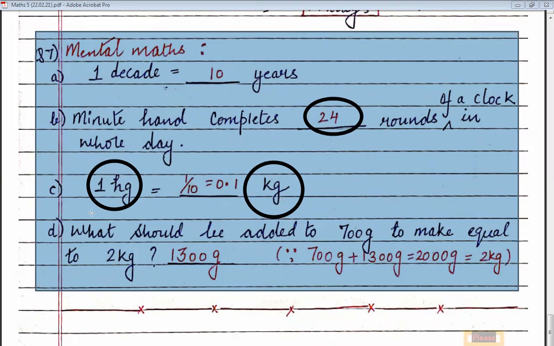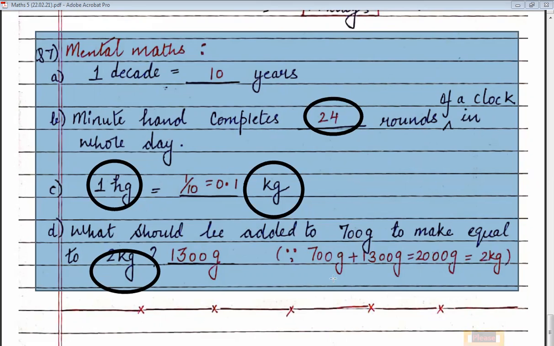Now, next one. What should be added to 700 gram to make equal to 2 kg? So now children, you know that 2 kg means 2000 gram. So what should be added to 700 gram to make it 2 kg?